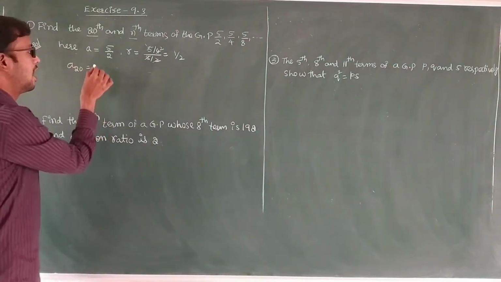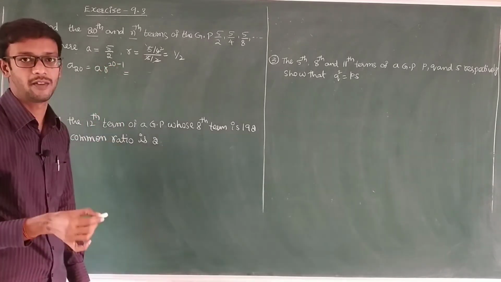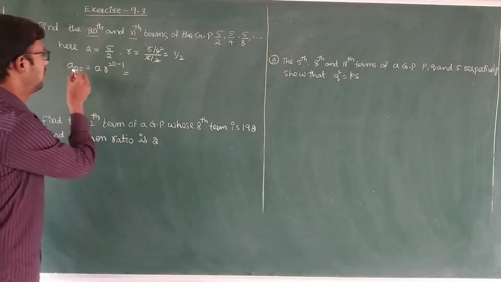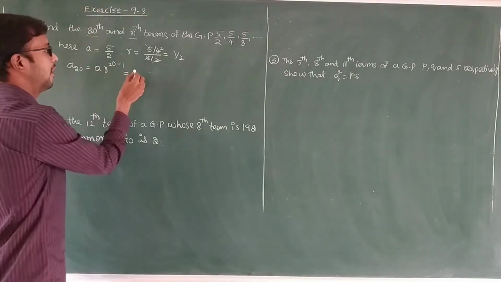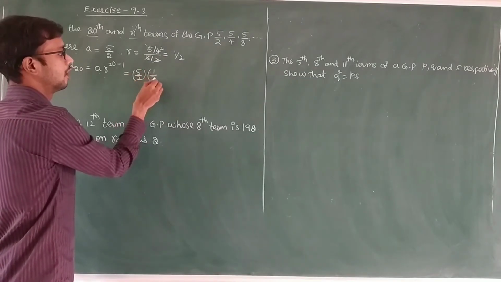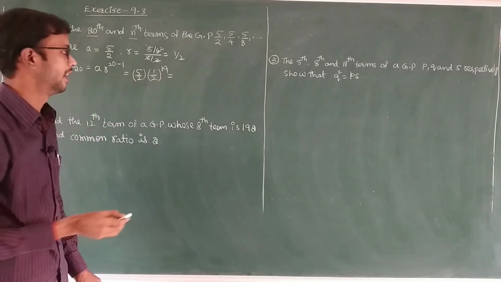A20 formula: A into R power 20 minus 1, the nth term formula, A into R power n minus 1. Here 20 we need, so substitute 20. A value is 5 by 2, R value is 1 by 2 power 19, 20 minus 1 is 19.